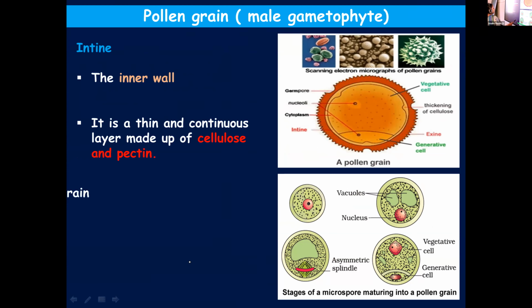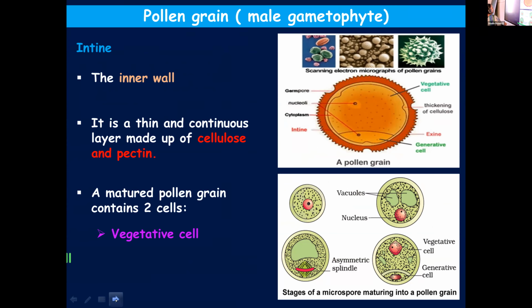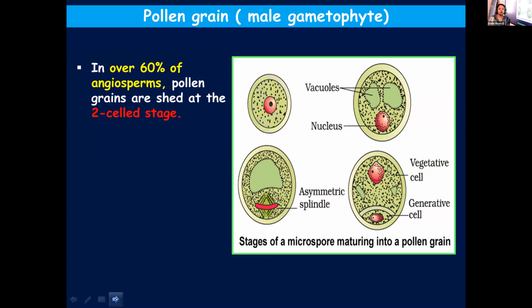So this we had completed. Then we learned about the two types of cells, vegetative and generative cell. In more than 60% of the angiosperms, which are the flowering plants, pollen grains will be shed at the two-celled stage.